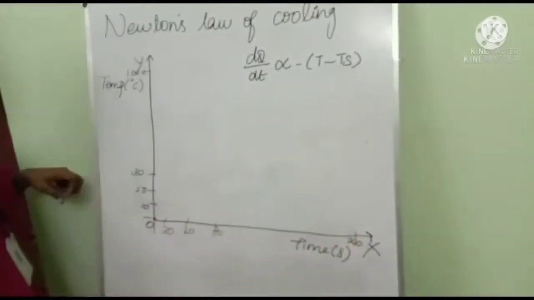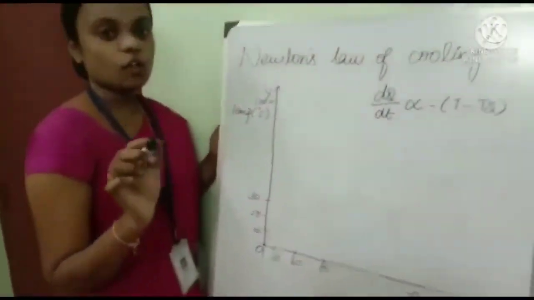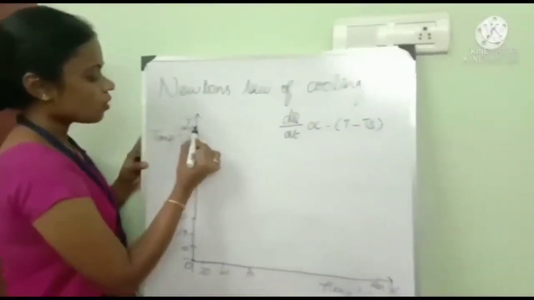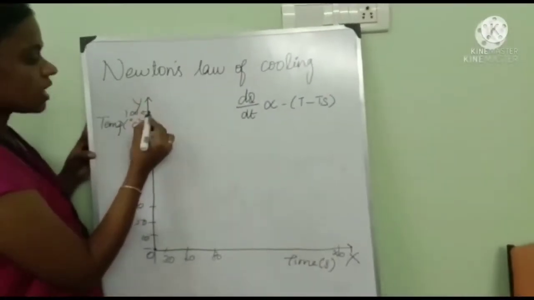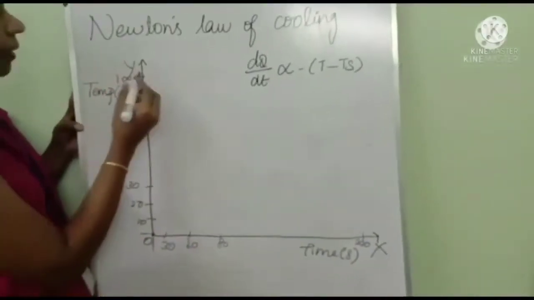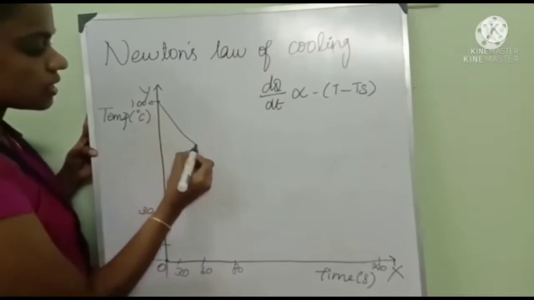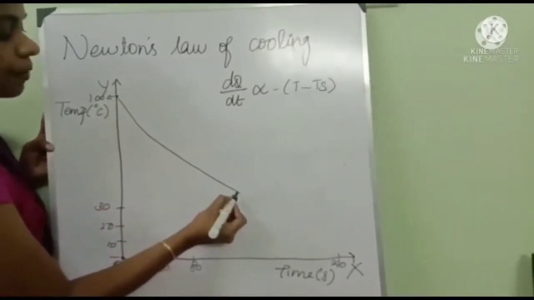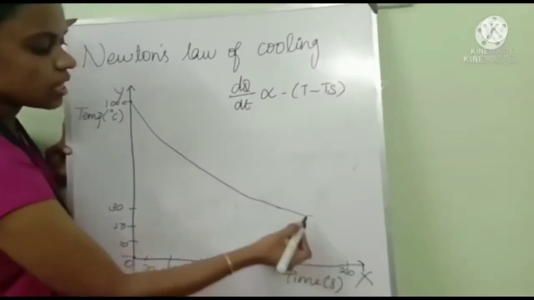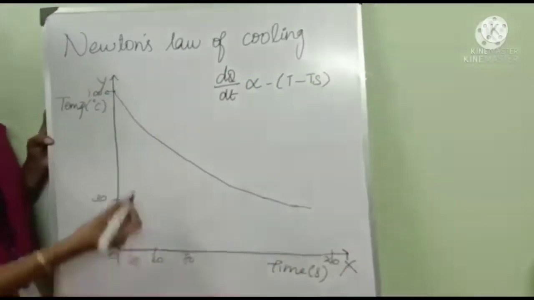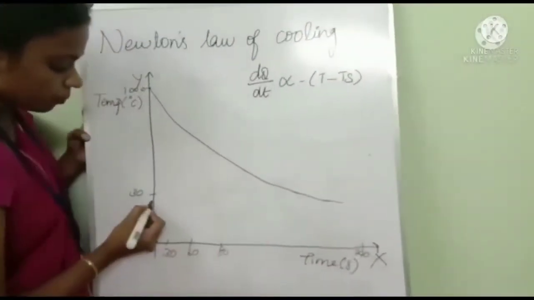240 seconds. Now, initially the coffee is very hot, so the temperature is maximum, that is 100 degrees Celsius, and you are keeping it for some time, and as time passes, the temperature lowers. As the time increases, the temperature also lowers until it reaches the room temperature.